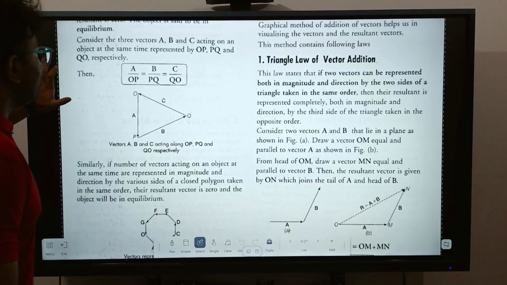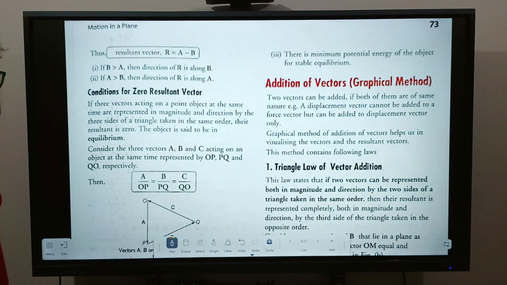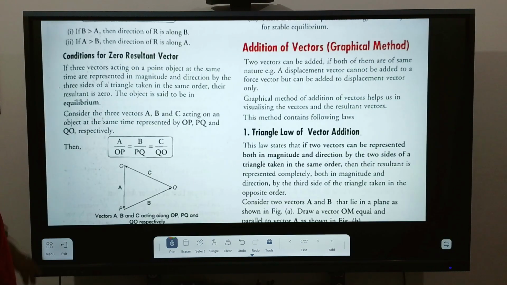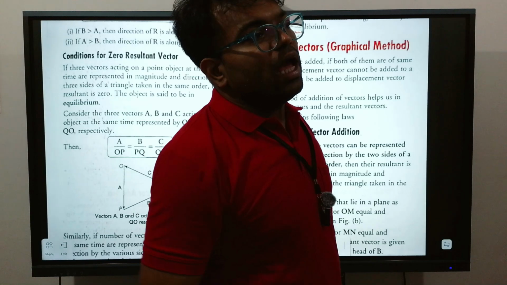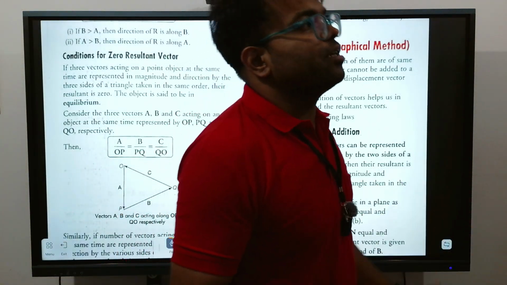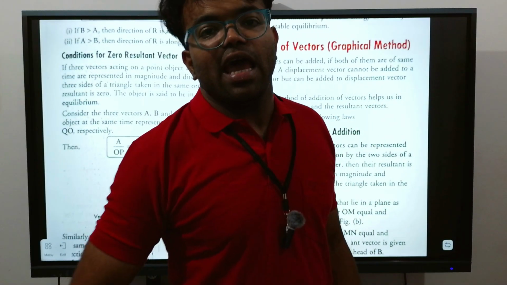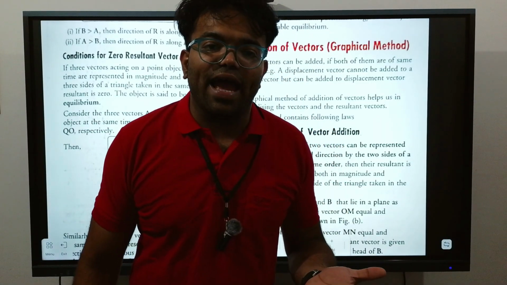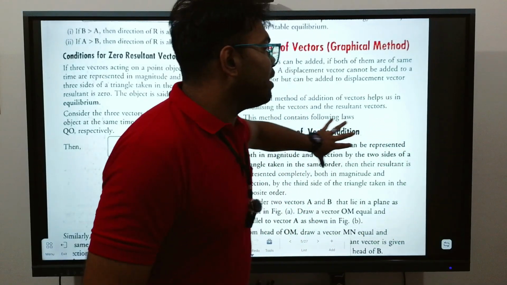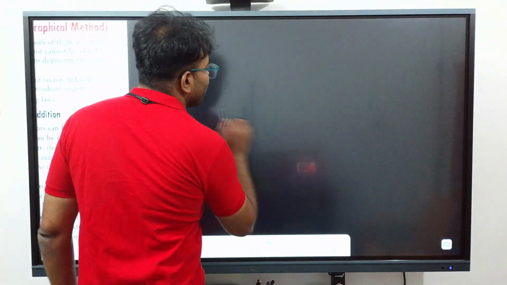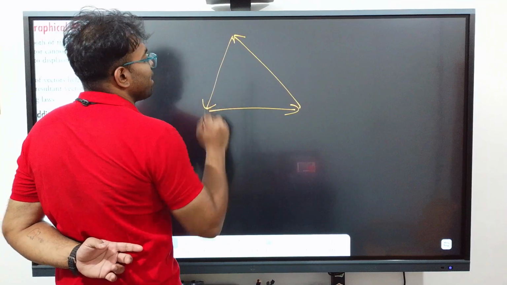Now, Drupad, there is a very important logic that you need to understand. That is, if all the vectors are added to each other and you come back to your original location, then you can say that the sum of all the vectors is a null vector. For example, Drupad, there is a force being applied like this, another like this, and another like this.